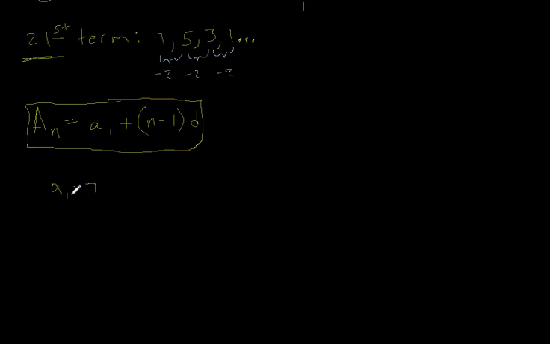Cool. So a1 actually corresponds to the first value, then a2 would correspond to the second value or the next value after a1, and so forth. a3, the third value, all the way down to, well, a21, the 21st value.